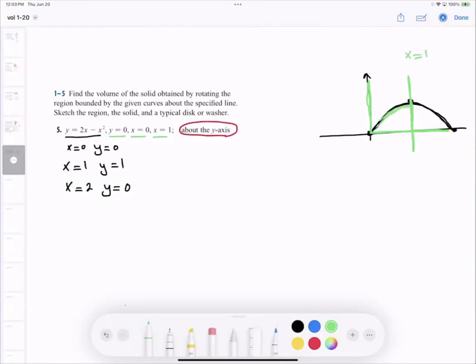So looking at the object, this is the object that we are selecting from the left-hand side, not the right-hand side. The intersection between the parabola, the horizontal line, the vertical line, and this line here is this object. So you're trying to rotate this object about the y-axis.